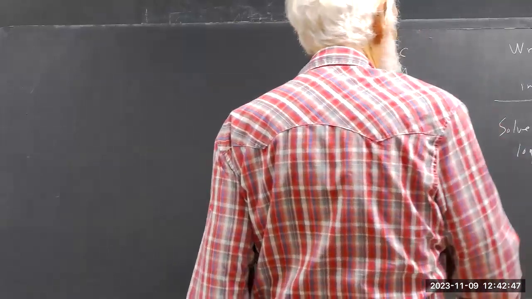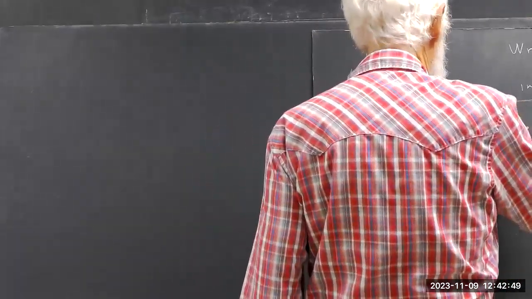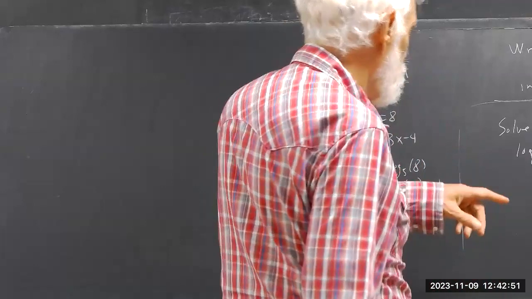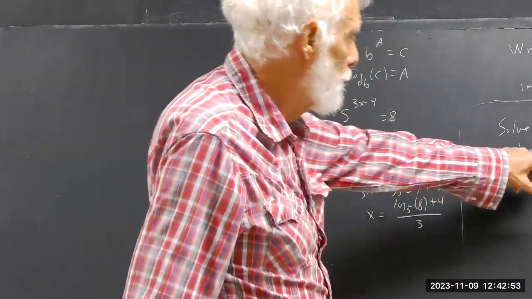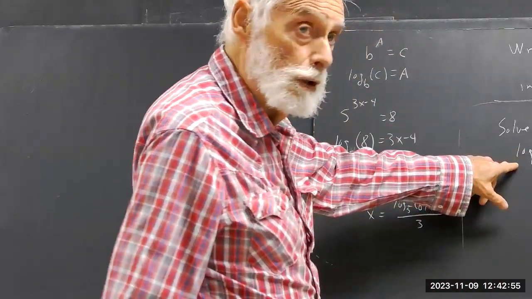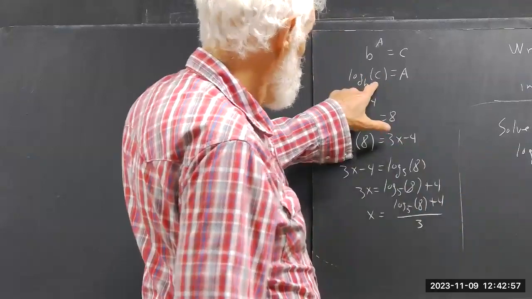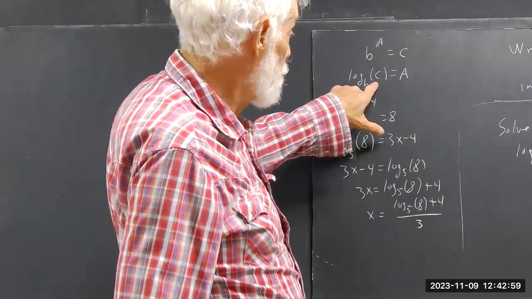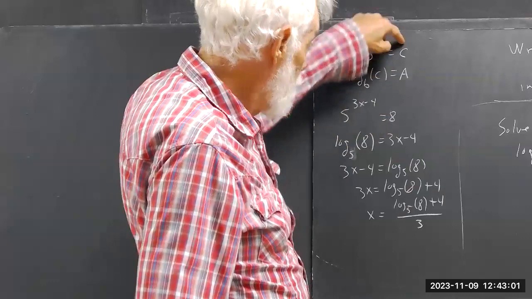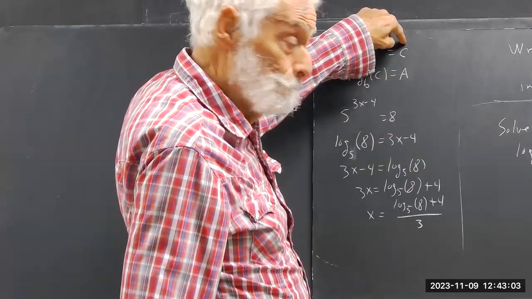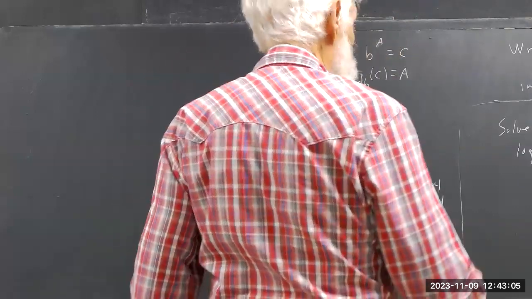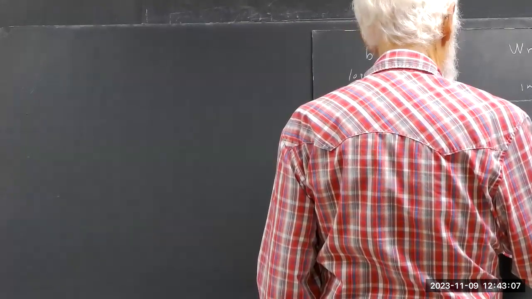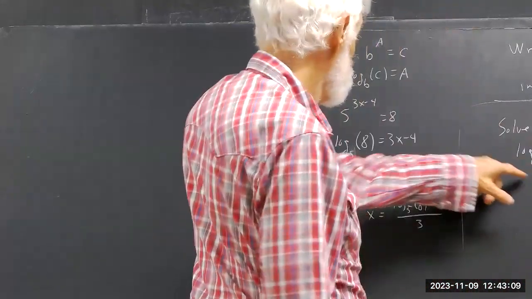For this problem, your variable is stuck inside your log. You're going to use this form, which will get that expression out of the log, right? So we have B is 4.